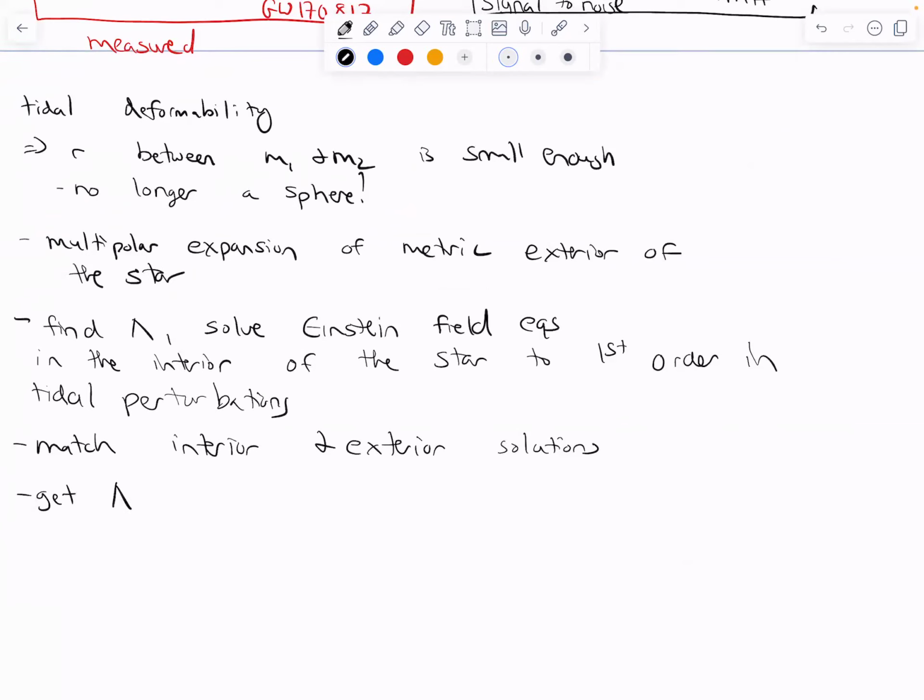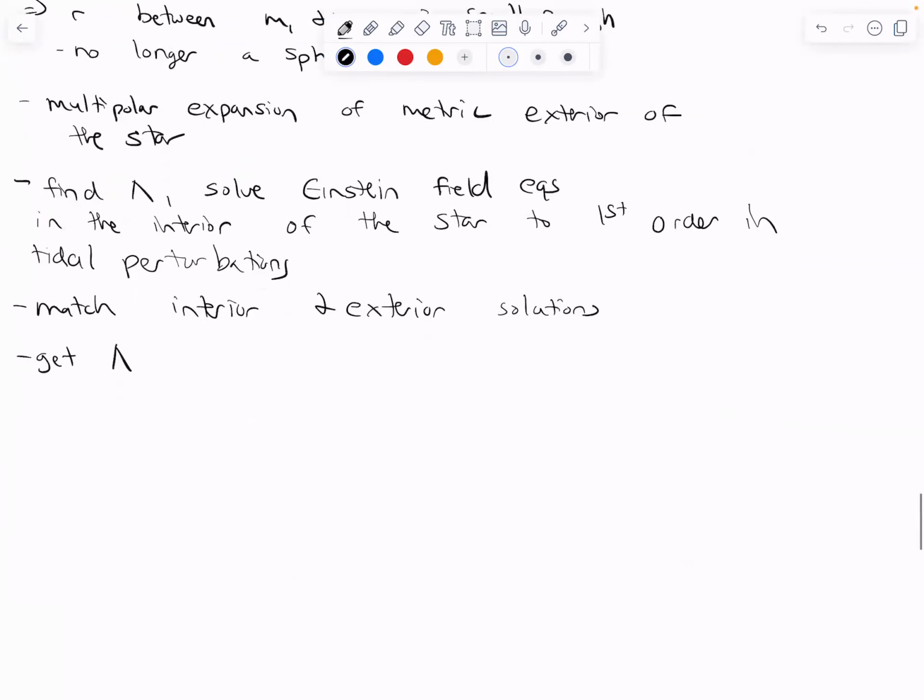And so what does that actually look like? The thing that it generally scales with, it scales with the compactness, which is C equals the mass over the radius. So that's how compact the star is.